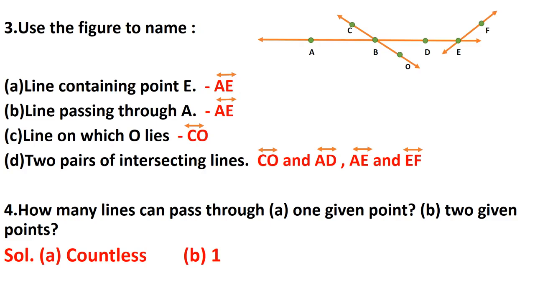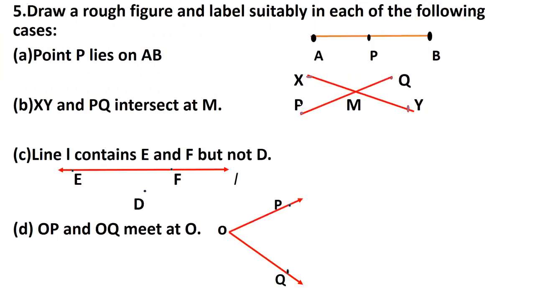So you can write AE, BE, DE, EF, anyone. For the line passing through A, same: AE, AB, AD. Now point A is compulsory, A must be there, so write any name. Next, the line on which O lies. You have to tell the name of the line in which O is there. So you can write either CO or BO. From these two you can write any one.